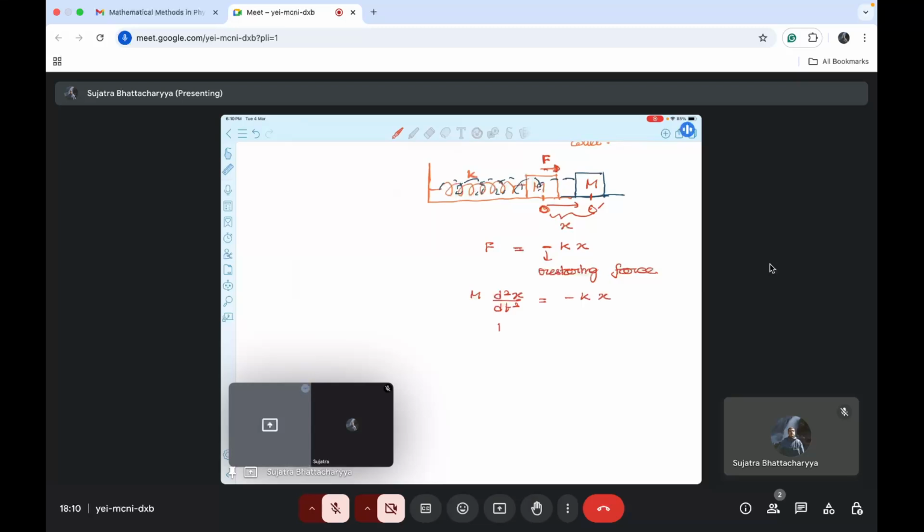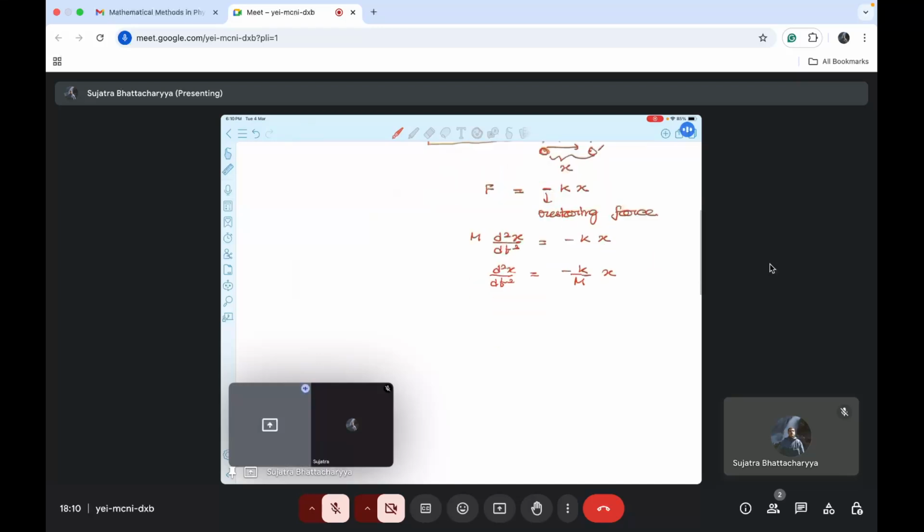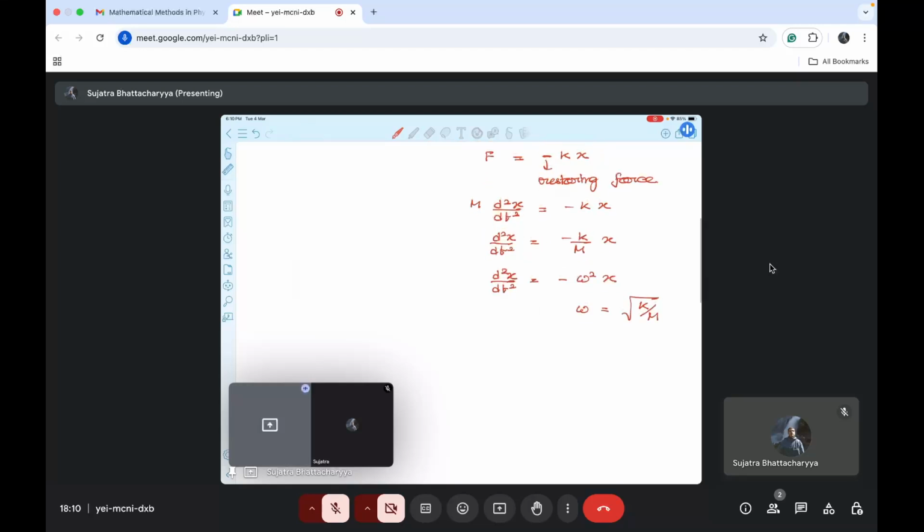We can write further that d2x/dt2 is equal to minus k by m times x. And we sometimes write this as d2x/dt2 equals minus omega square x, where omega is equal to root of k by m, so that omega square becomes k by m. Okay, so this is how we can write.